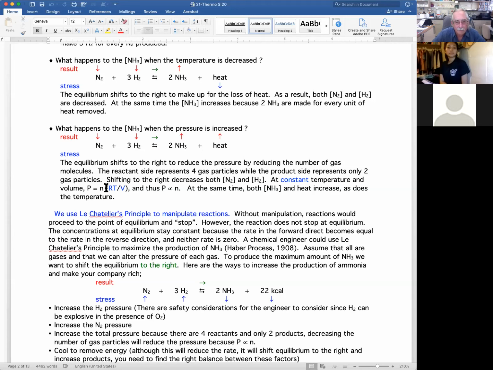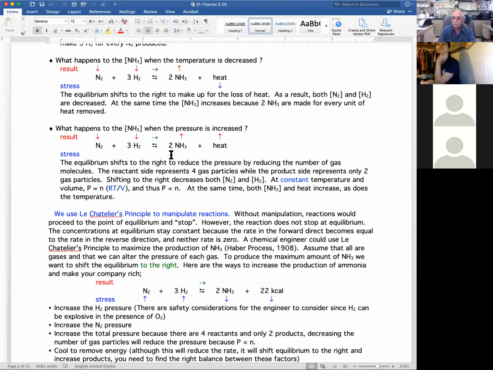Well, R is a constant, T is a constant, and the volume of the container is a constant, that means that the pressure is proportional to the number of moles. So over here, I have 4 moles, and over here, I have only 2. So how do I counteract this increase in pressure? I can counteract it by reducing the number of moles of gas. So the reaction will shift in that direction because I'm going from 4 moles to only 2 moles.